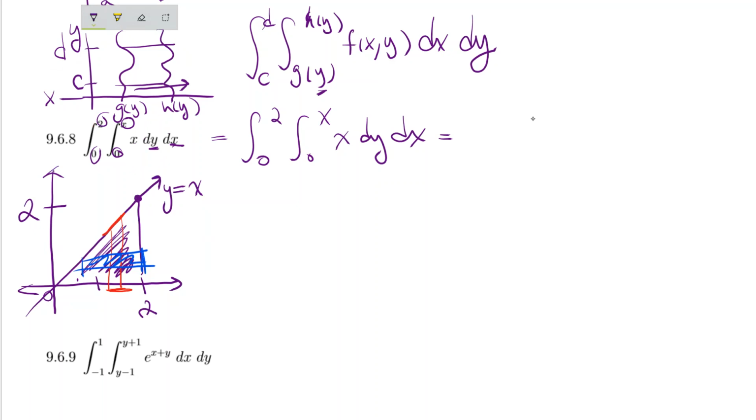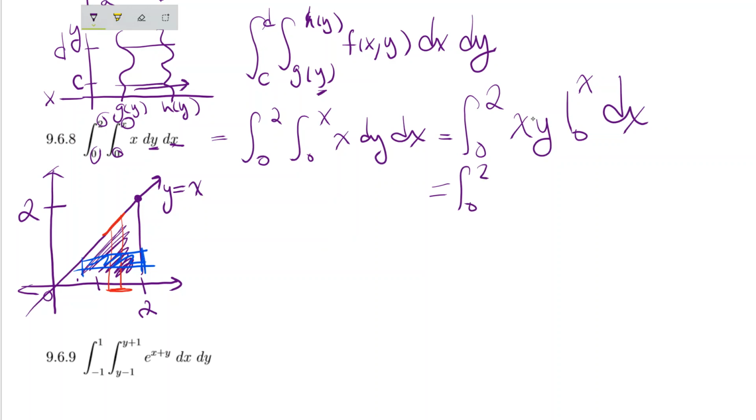Okay, so add 1 to the power and divide by it. Ignoring the outer integral, we're going to think of this as y to the 0, so it's going to gain a y and go from 0 to x. And then I have the dx integral I'll have to do after. So I'll put in x for y, dx.